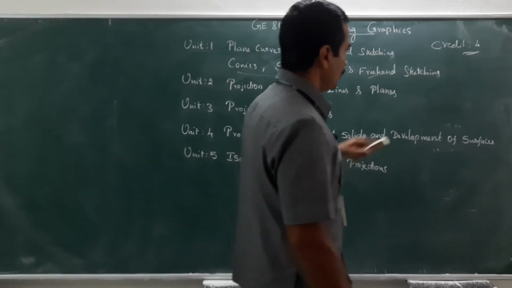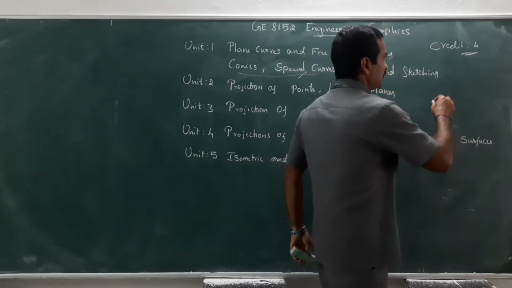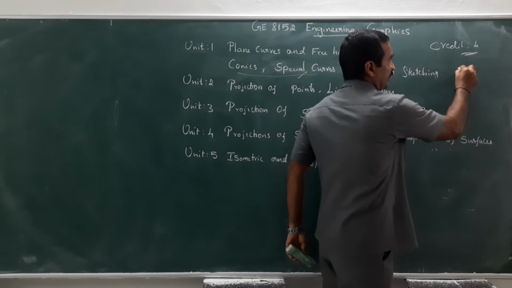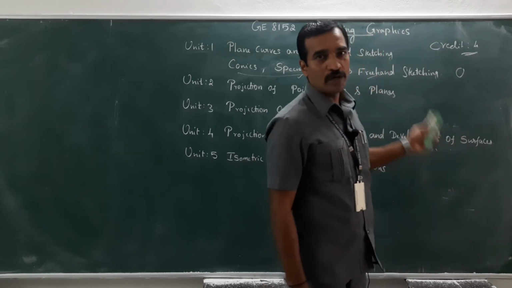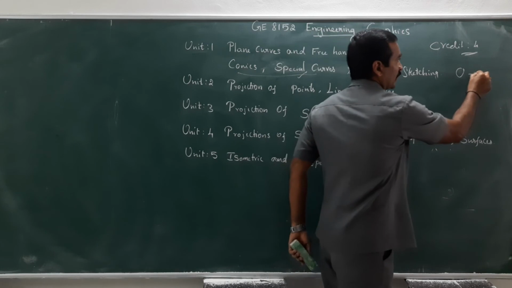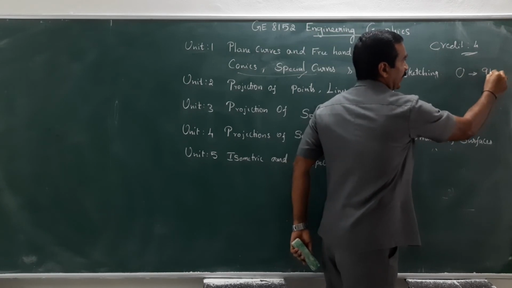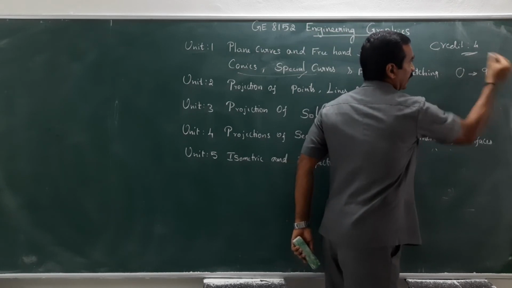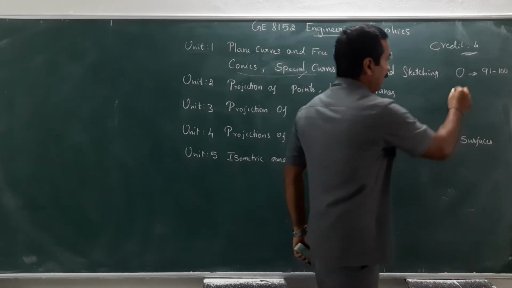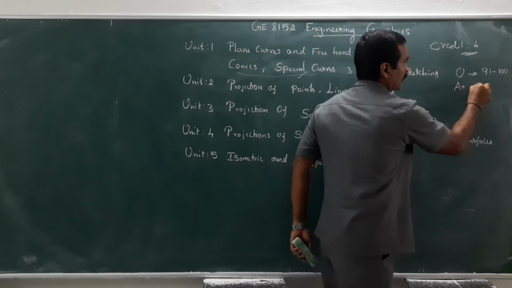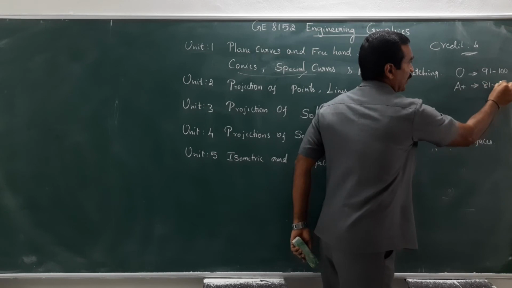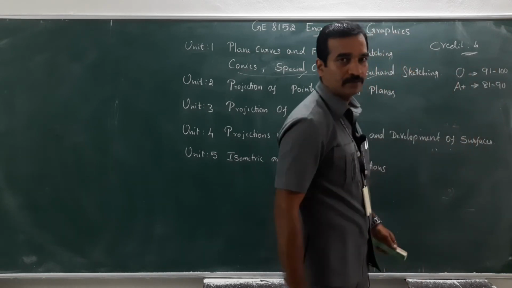Let me just tell you the grade system here. O is nothing but outstanding. The mark is between 91 and 100. A plus, the mark between 81 and 90.